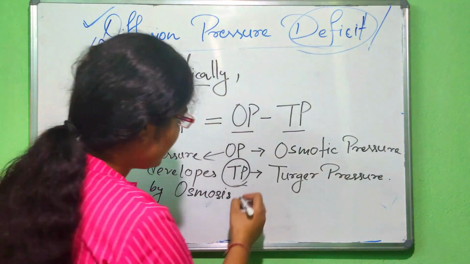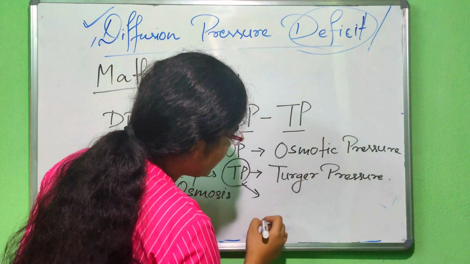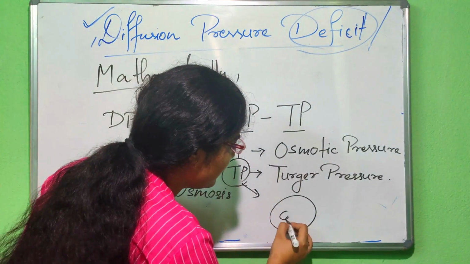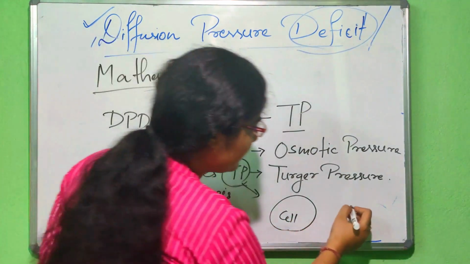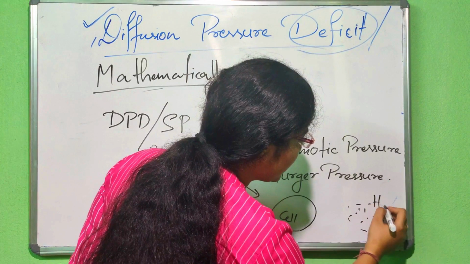And coming to TP, that is the Turgor pressure. What is Turgor pressure? Let us take an example. Suppose there is a cell. Okay, this is a cell. Then these are some water molecules.